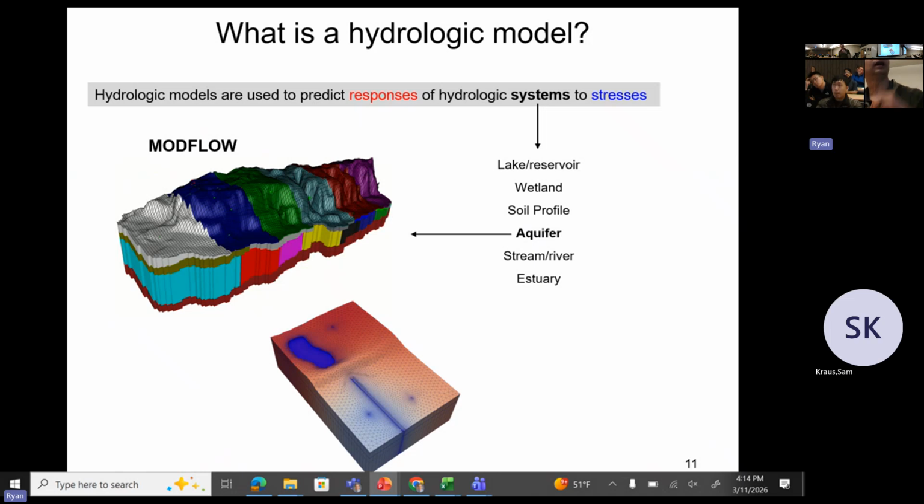So for example, one of these modeling codes is MODFLOW from the US Geological Survey. And this is using a structured grid here with multiple layers to define different geologic units. And here you have an unstructured grid where maybe near a pumping well or a canal or a river or maybe a reservoir, you can refine the grid so that you have smaller grid cells.